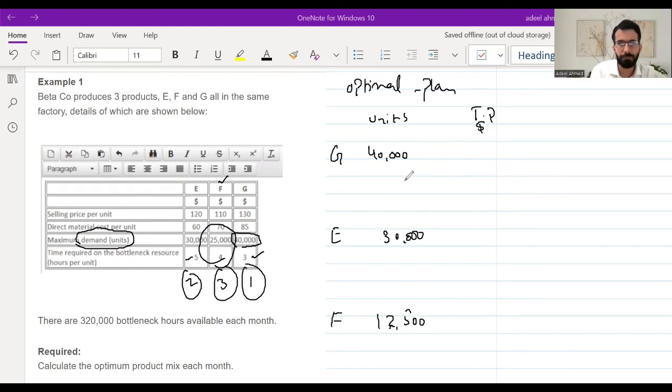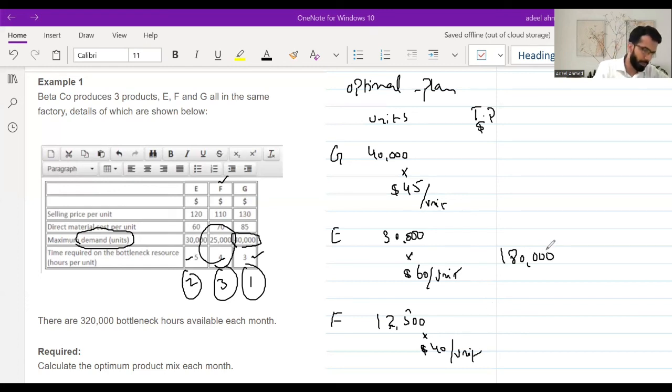So for product G, our throughput per unit was 45, and for product E, our throughput per unit was 60, and for product F, our throughput was 40 per unit.